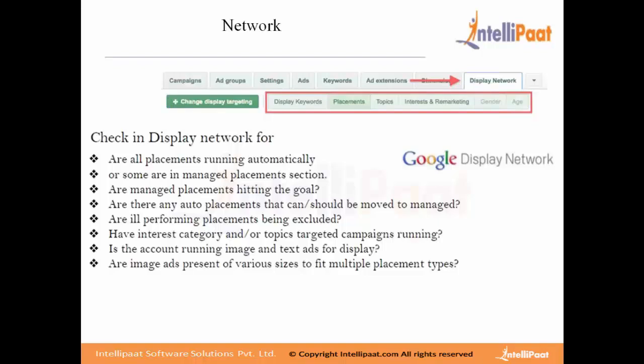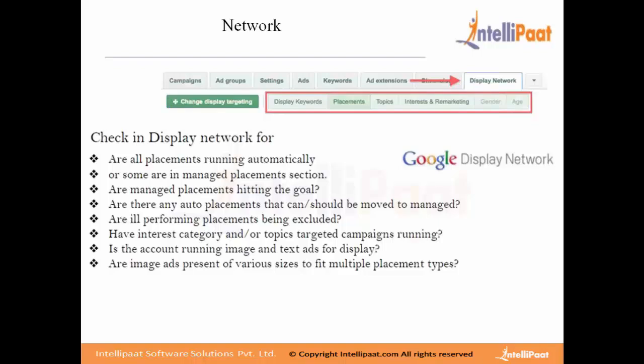Are they running automatically, or how are they being managed? Some are in the managed placement section, which one needs to look at, and also whether these managed placements are hitting the goal is another question one has to evaluate while auditing an account. So are these auto placements?